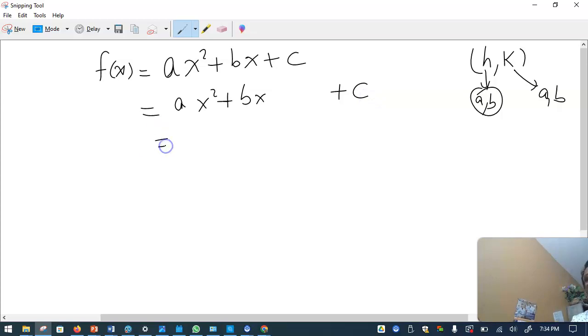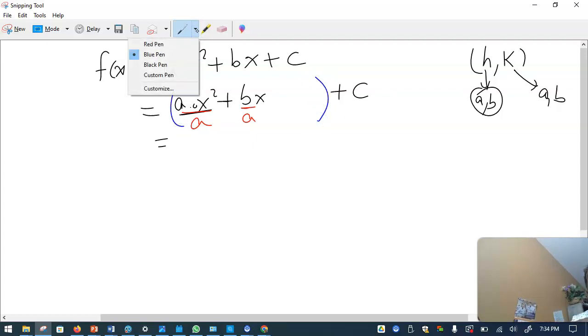Now in the first two terms, there's an a here, so I'm going to divide by a. Let's use the color there. So divide by a, and to balance it, I'm going to use parentheses, and then because you multiplied here, I'm going to use the a at the outside, the red a.